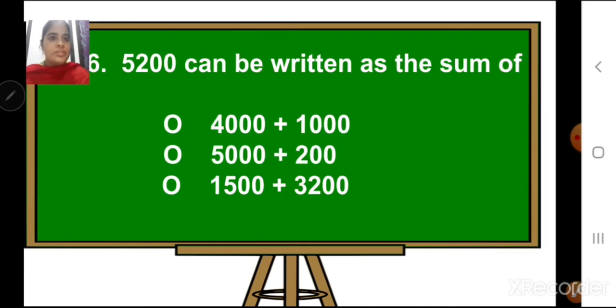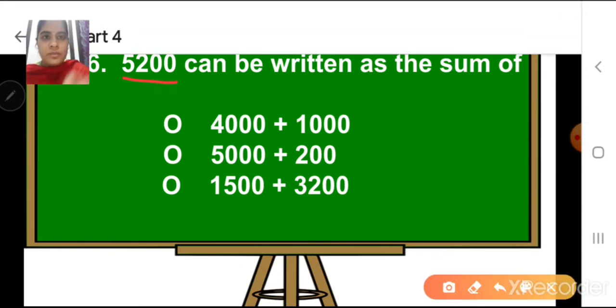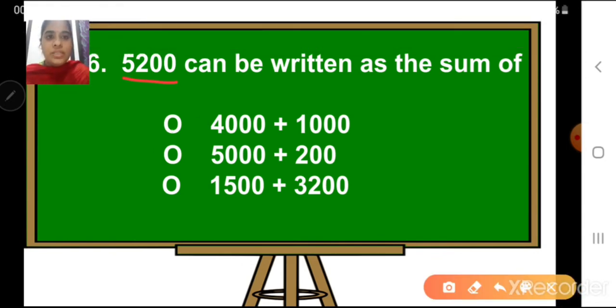Now here the question they have given 5200. Okay, now see the options. Now you have to check the options. Now 4000 plus 1000 is 5000. Okay, that means this is not our option, not the correct answer.